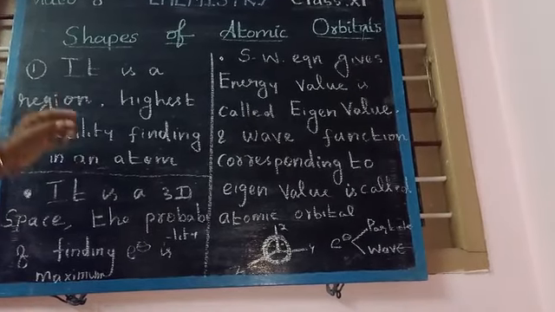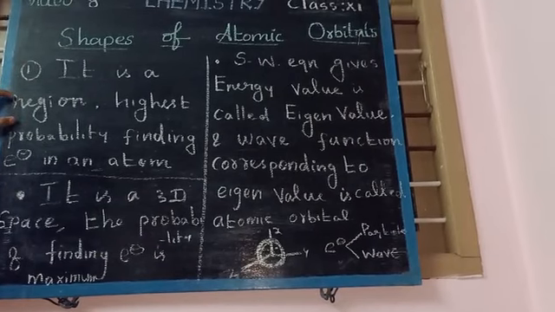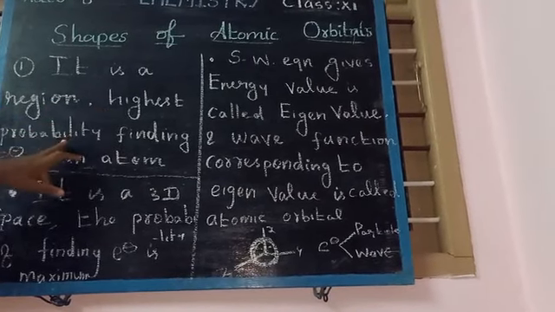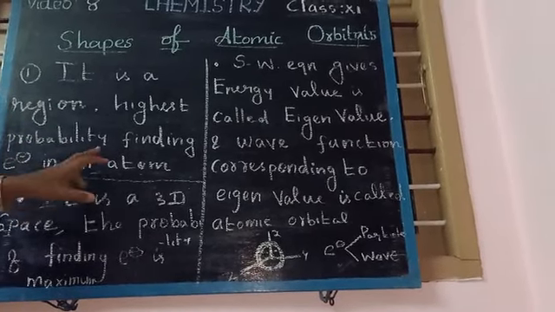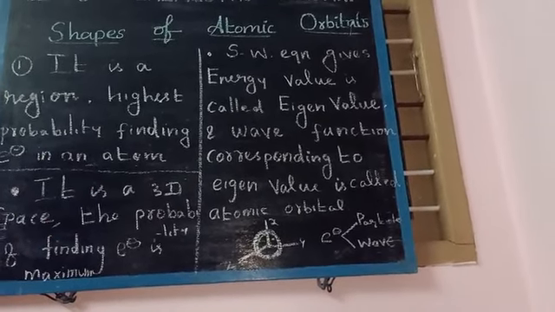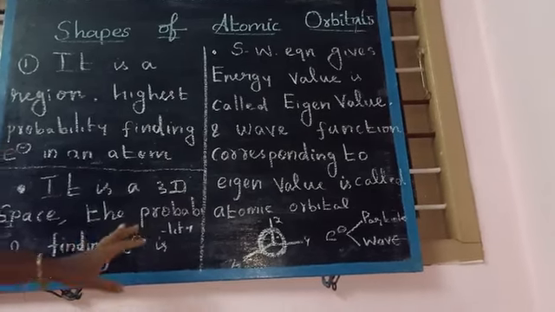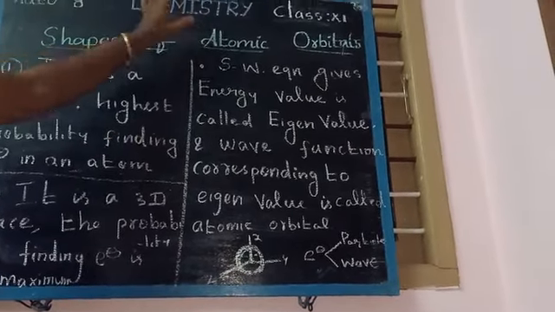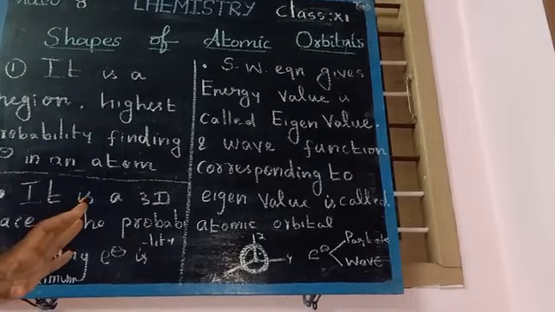And the simplest way: it is a region where the highest probability of finding an electron in an atom is known as the atomic orbital. So children, now you know very well about atomic orbitals.